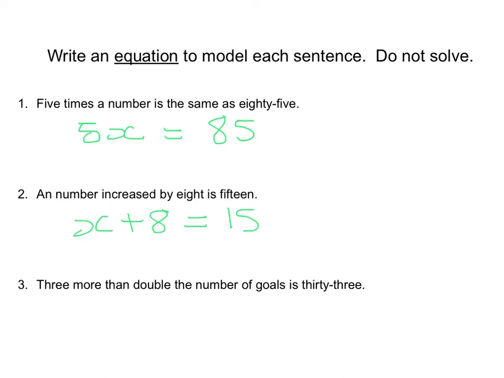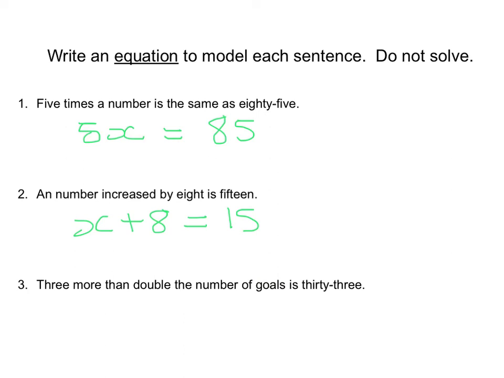The third one, 3 more than double the number of goals is 30. So in this question, we're not just looking at something as simple as x, we are actually representing goals. Okay, so looking at more of a real-world problem here. You may want to use a different letter, so instead of using x, you could use g.